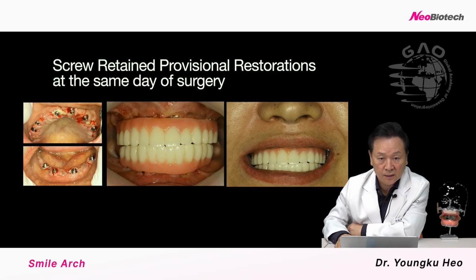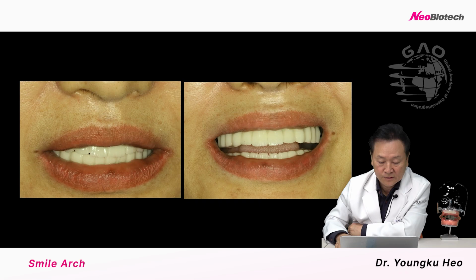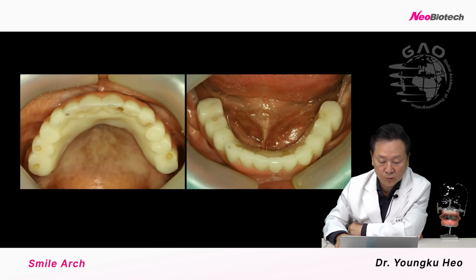We just print this provisional or mill the provisional and put it in the mouth as soon as possible, like one day after or 2 days after. So this is the provisional for 1 month.